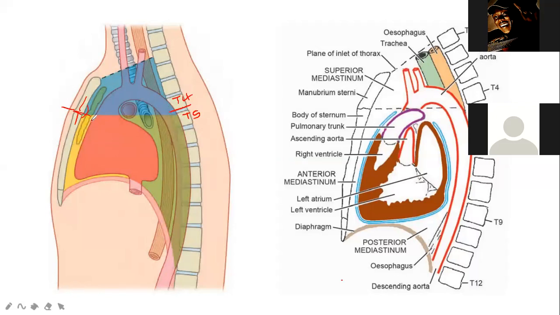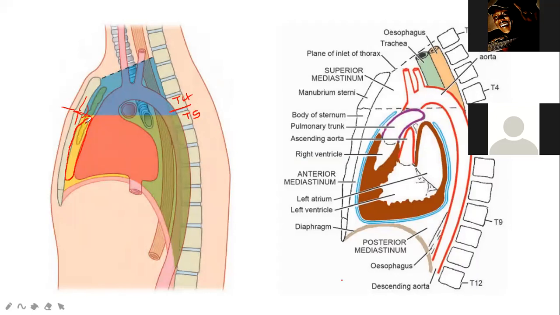The one part that we see here in yellow, that is the anterior mediastinum. It's small. And the organ that we see is the thymus, which works in immunity. The lower part of the thymus is the one prominent organ that we see in the anterior mediastinum.